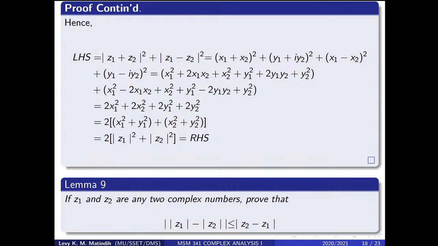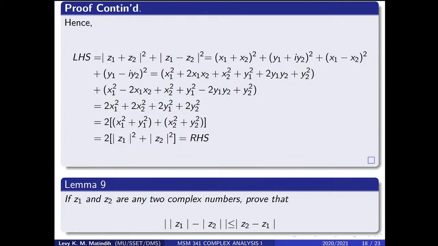Now, the square of x1 plus the square of y1 is equal to the square of the modulus of z1, and the square of x2 plus the square of y2 is the square of the modulus of z2, which is equal to the right hand side of that lemma. So from there, you are done with the proof.